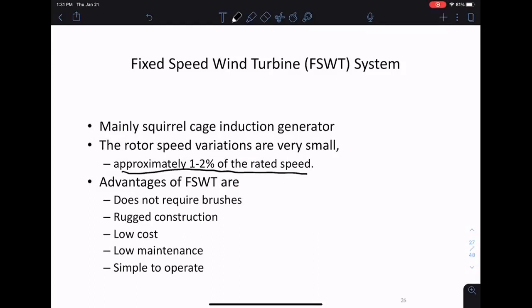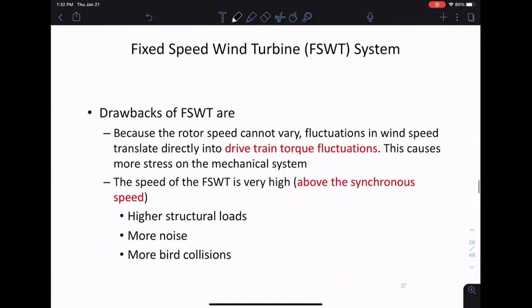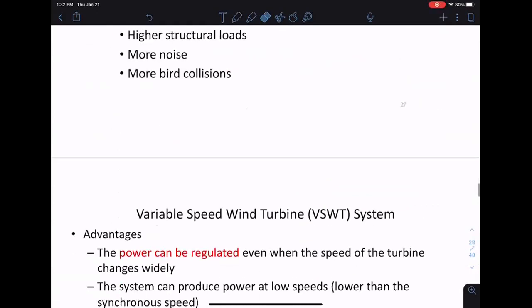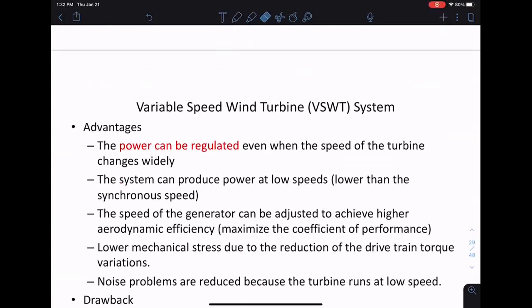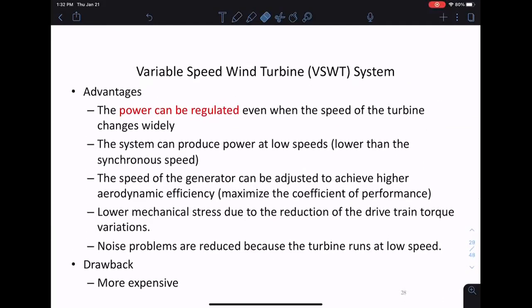However, if you're a generator and a wind turbine, it's very hard to say that your rotation speed is always within 2% of the synchronous speed. So that's fixed speed. With variable speed, you operate over a much bigger range. The drawback is just that it's more expensive to build.